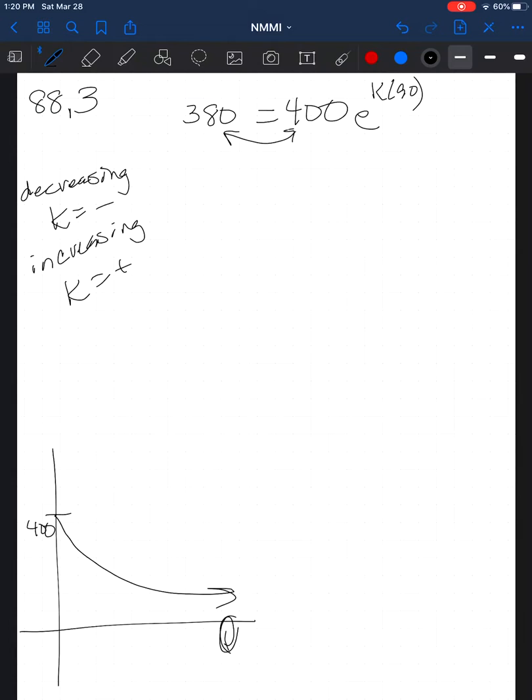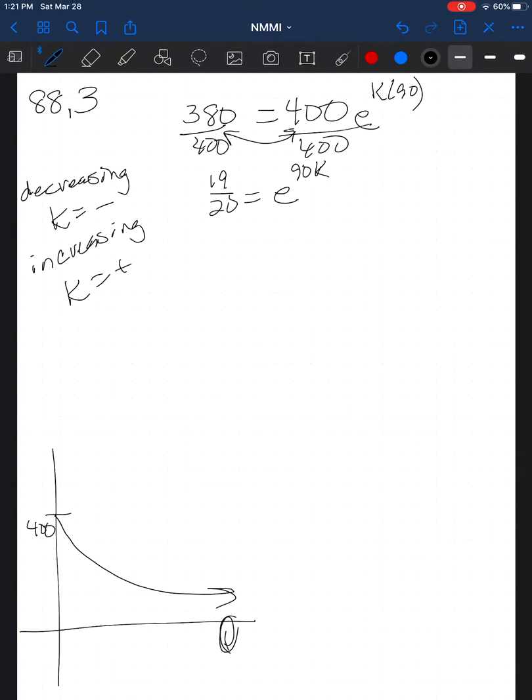You don't really need to worry about that because we're going to leave it in exact form. But if you were getting a decimal value and it came out to be a negative k, it's decreasing. So let's go ahead and solve for k before I even read the rest of the problem. Divide by 400. So that's 19/20 equals e to the 90k.